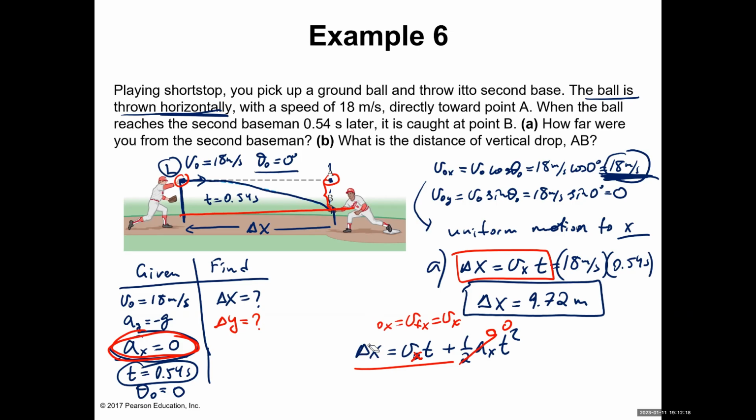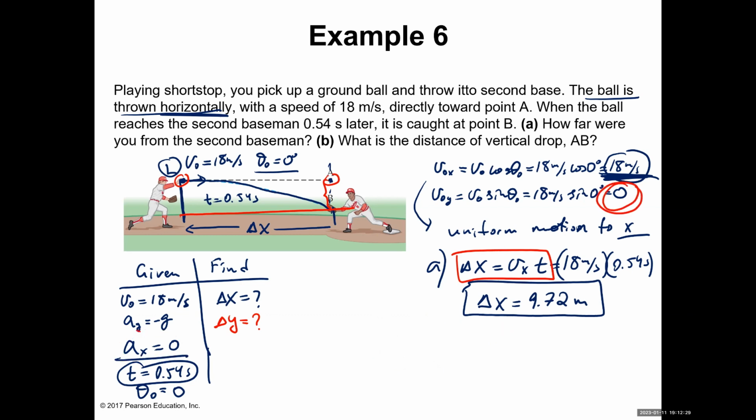All right. So now, everything is given right here in the table. Given that I know my initial velocity in the y direction, remember, is 0. I know the time, I know the acceleration. Which kinematic equation can give me that delta y? Second. Second equation, excellent. Delta y is equal to initial velocity in the y direction times time minus 1/2 g t squared.